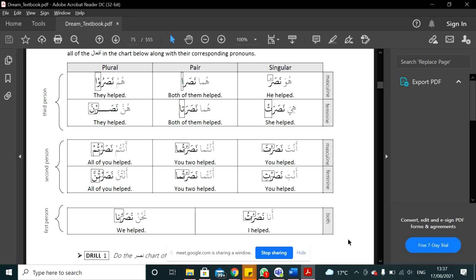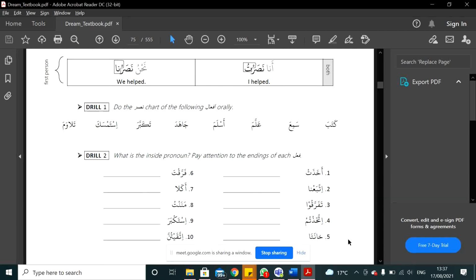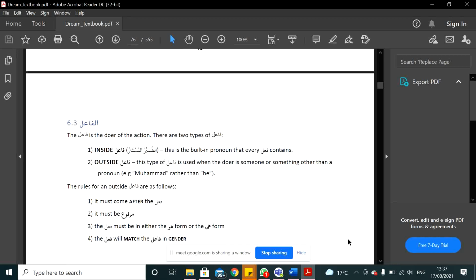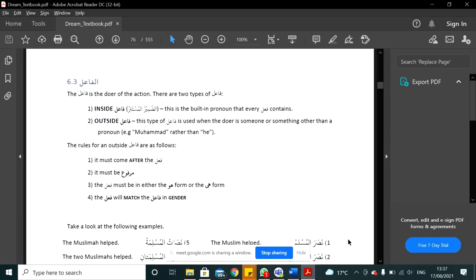No? Okay, we are starting a new topic, which is the fa'il. When I say nasara or istakbara or farakta, I'm saying an action and a fa'il combined, right? When you have a pronoun inside the fi'l, we call it an inside fa'il. But it is not always a pronoun as the doer. Somebody else can be a doer as well.